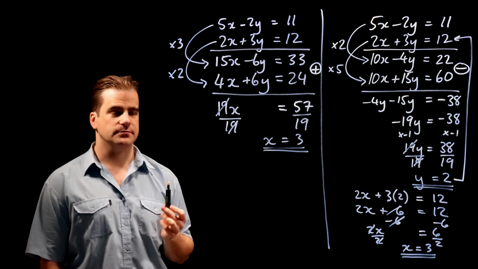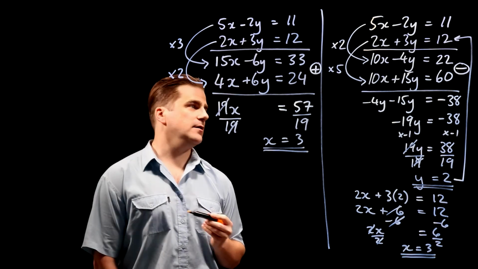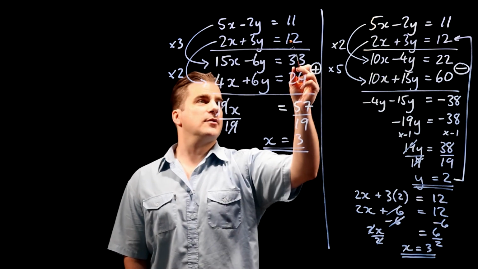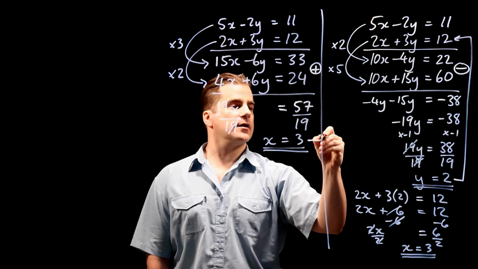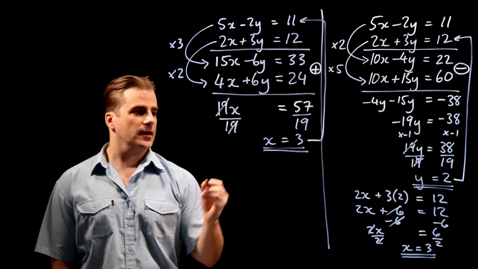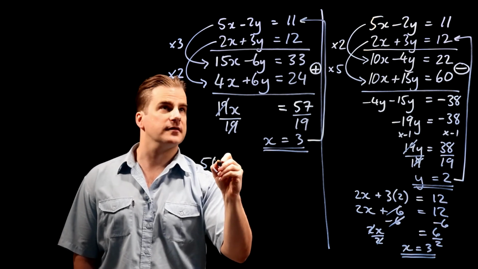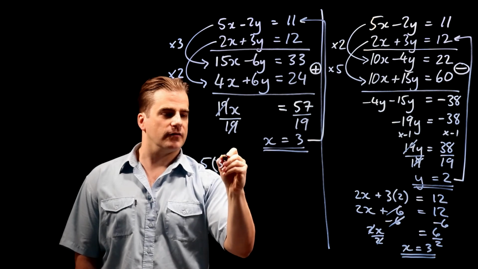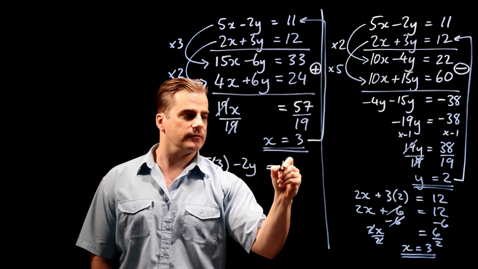So it works. And finally, sub back in. I put it into that equation last time, so I might as well put it into the top one this time. We're going to sub back into there. And we get 5x, use brackets when subbing in. 5 brackets x minus 2y equals 11.